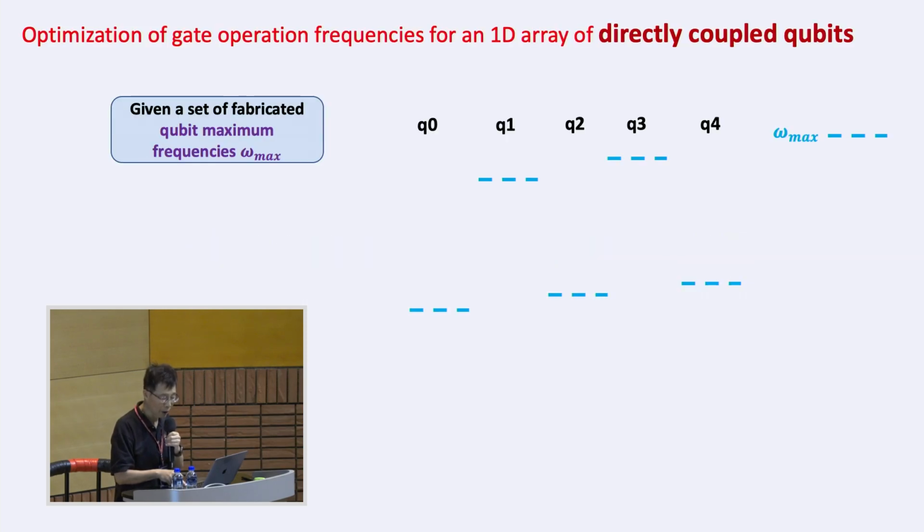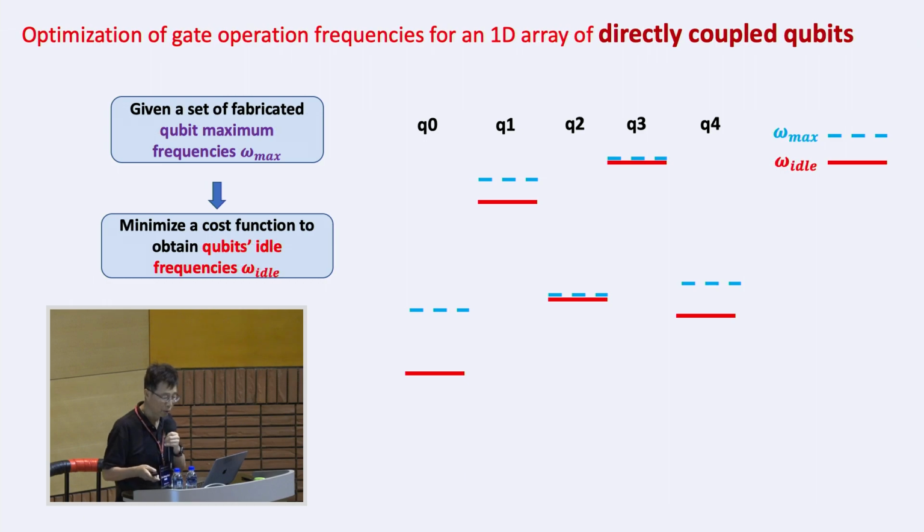Okay, so now suppose we have 5 qubits connected in a 1D array. What we have to do to bring this system up is first find out the maximum qubit frequency of each qubit, and very unfortunately, our laboratories still lack very good control of the qubit frequencies. So this may spread randomly everywhere, with a very wide spread, I would say.